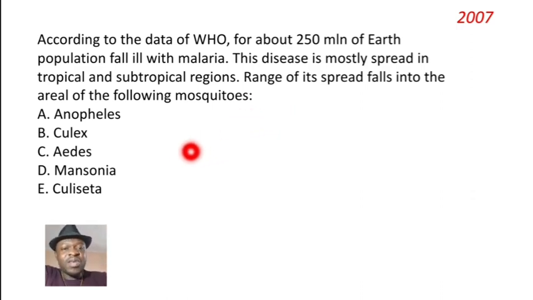Anopheles. Culex and Aedes usually transmit some viruses, so these other ones are wrong. Just remember, for malaria, the female Anopheles mosquito. So the answer is Anopheles.